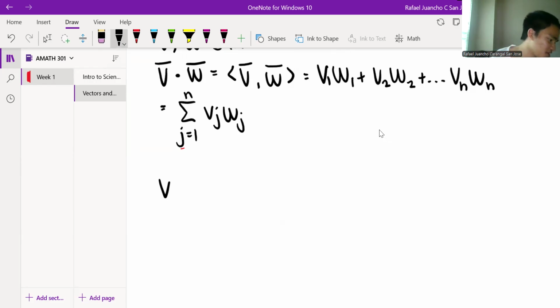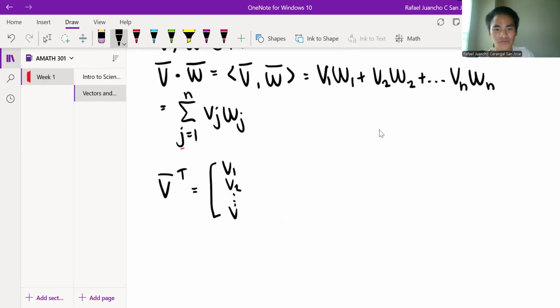The notation for this is actually a bit funny. We have this vector with the line, and we have this capital T, which I'm assuming is for transpose. So we start off with V1, V2, all the way to Vn, which is now going to be written as a row, V1, V2, all the way to Vn.